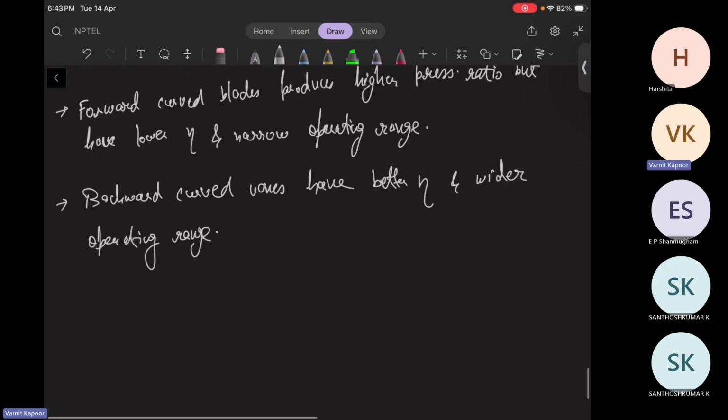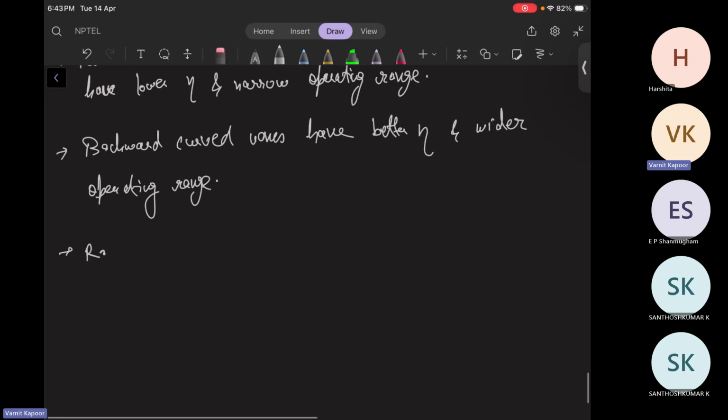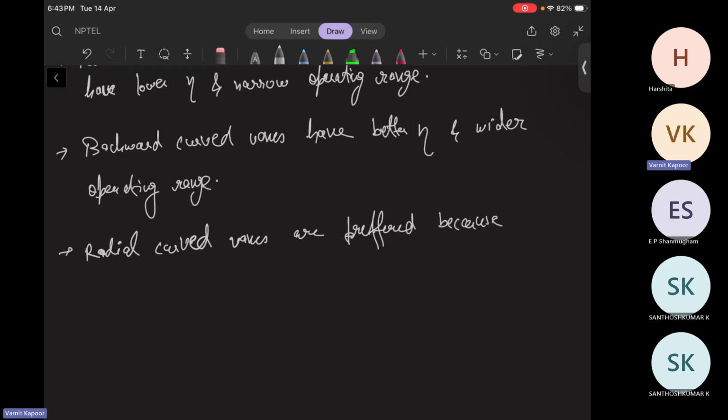Okay. Radial curved blades are preferred because centrifugal effect of curved blades or vanes creates bending moments.